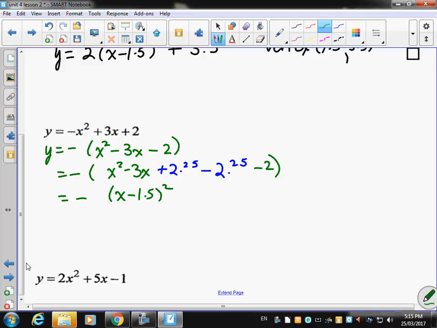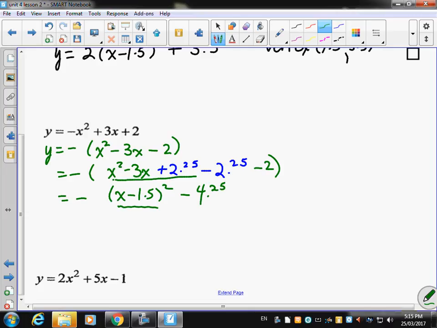Okay. Line 1, check. Line 2, check. Line 3, halfway there. Okay, here we go. The first 3 terms, x squared, 3x, and 2.25, are same as x minus 1.5 squared. The other 2 things go together like leftovers, negative 4.25.